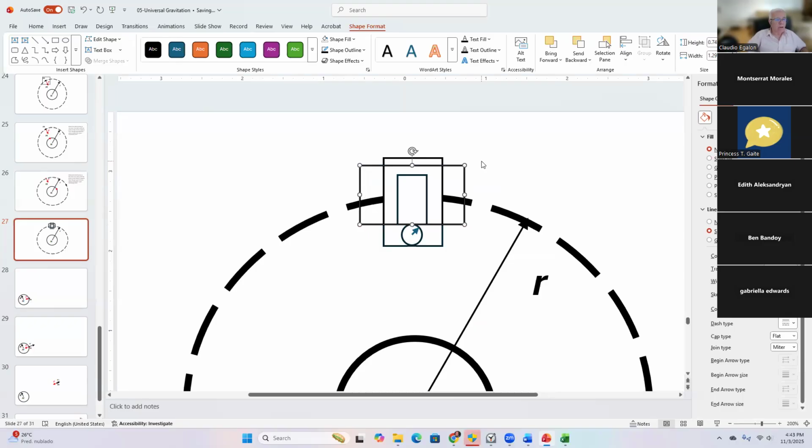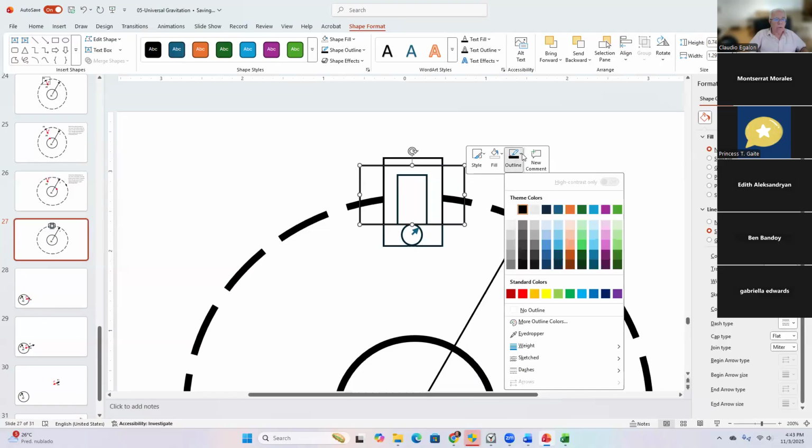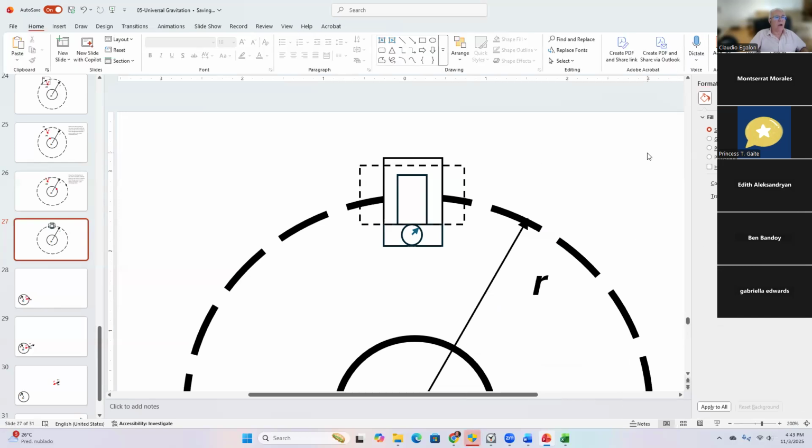And I'm going to dash it so it's understood that this is not a solid object, but just a way of emphasizing the fact that we are looking only at the forces applied to our test subject.